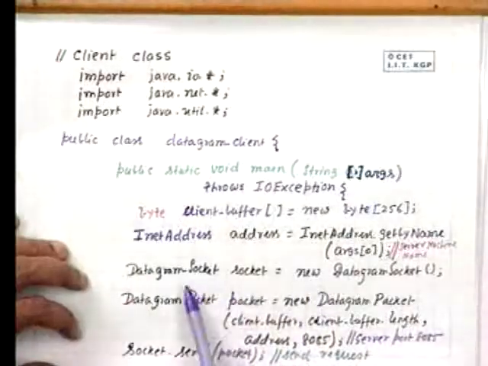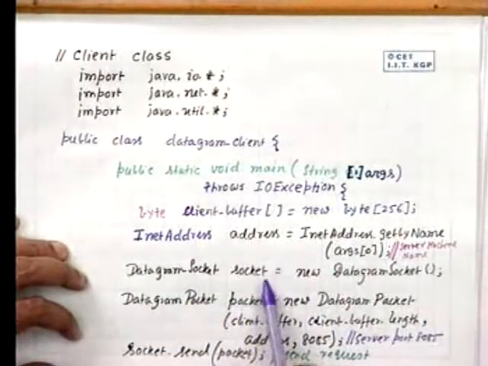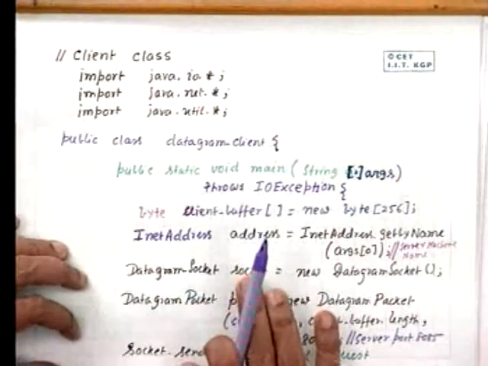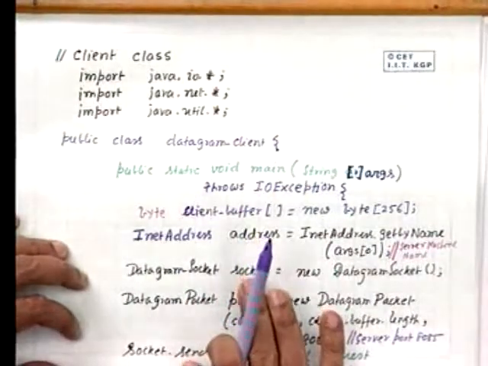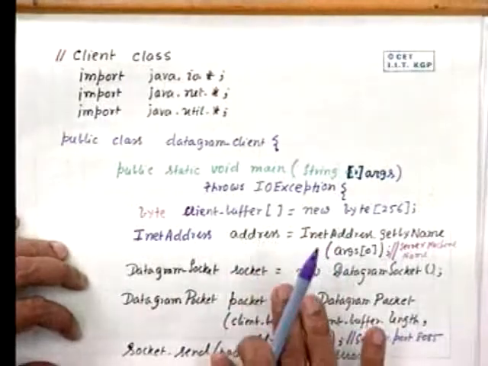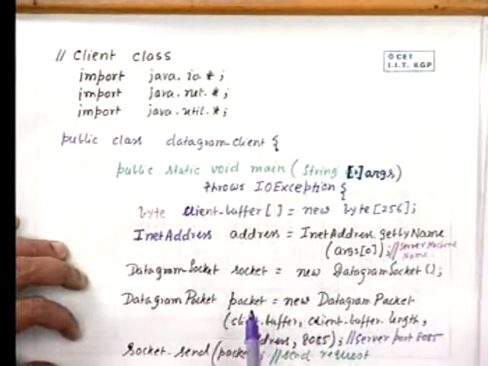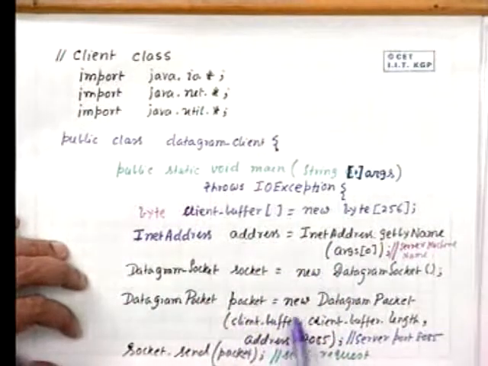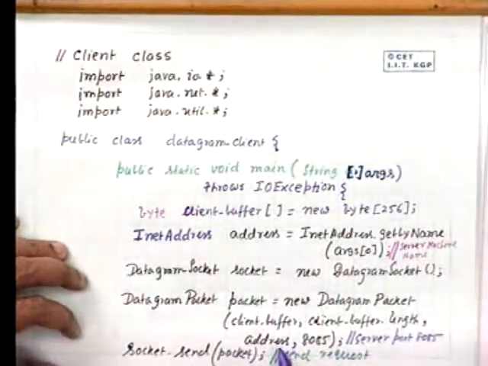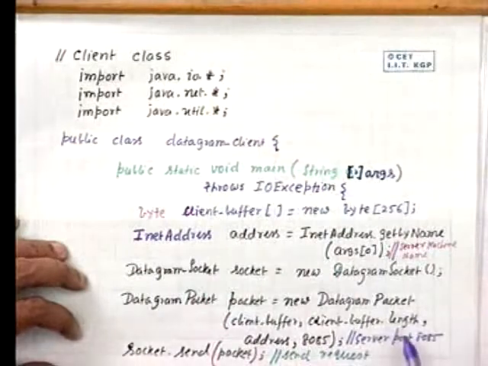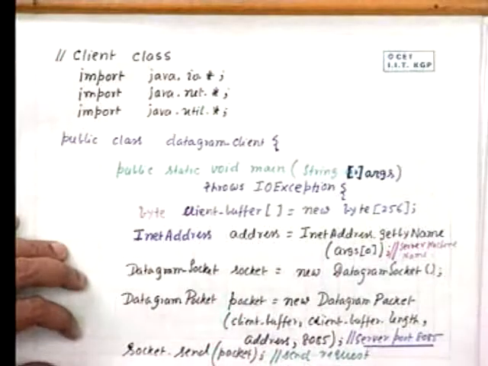Then it creates a socket. In this case the client socket can be any arbitrary socket, but it just needs one socket here. Then it creates a new datagram packet with the client buffer, length, address and 8085. We assume that the server port number is 8085.